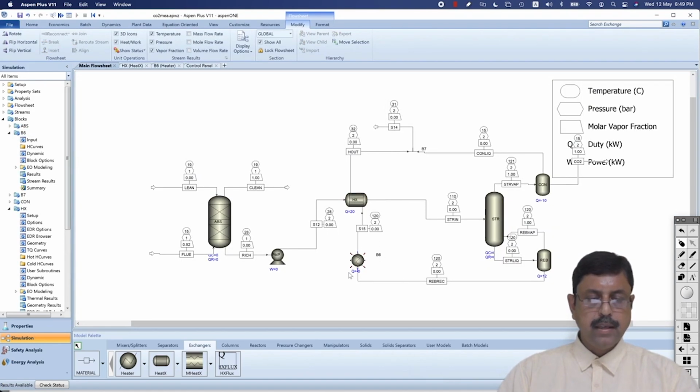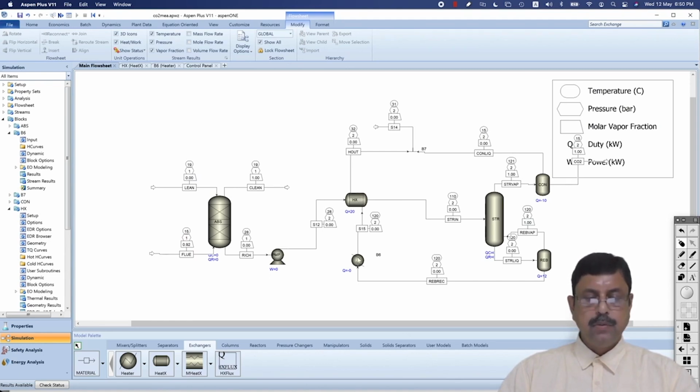Now you can see that it is showing heat duty 0. That means this heater is not at all working. Its temperature is same, 120. And a stream of temperature 120 degrees centigrade is able to offer enough heat duty for this heat exchanger to work.